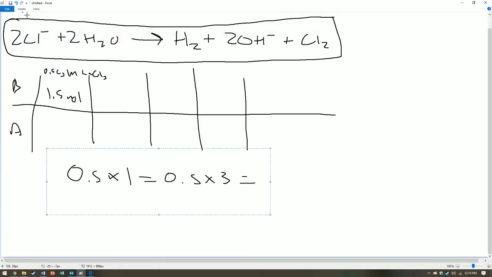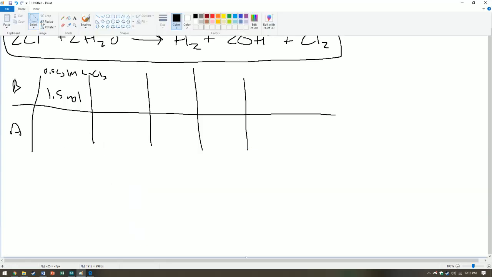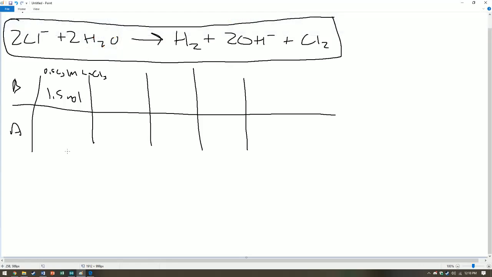So let's do a bit of dimensional analysis in order to work this out. We know that 2Cl minus yields Cl2 plus 2 electrons, and we need to oxidize it.